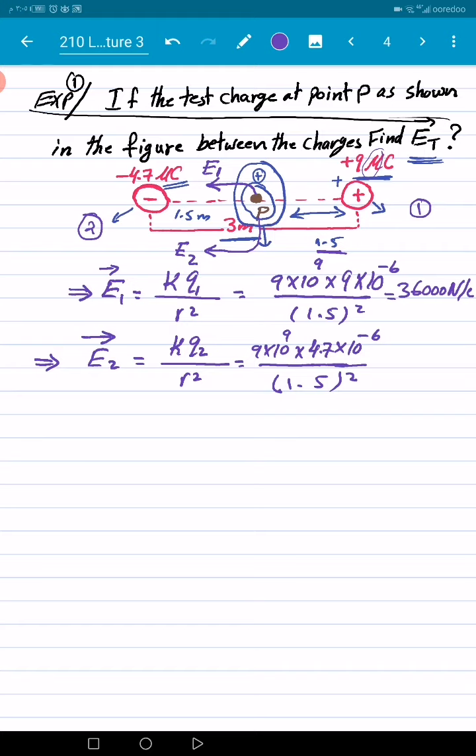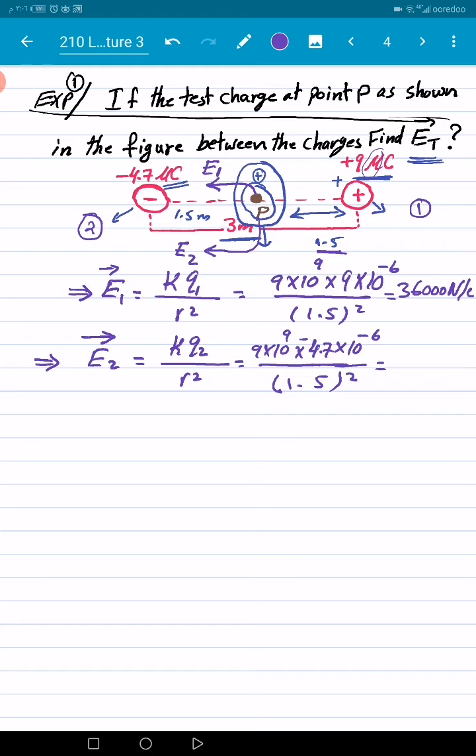Then what is the final result? Please calculate. We try to calculate it by using the calculator. Here it is minus. I try to find it with the calculator.